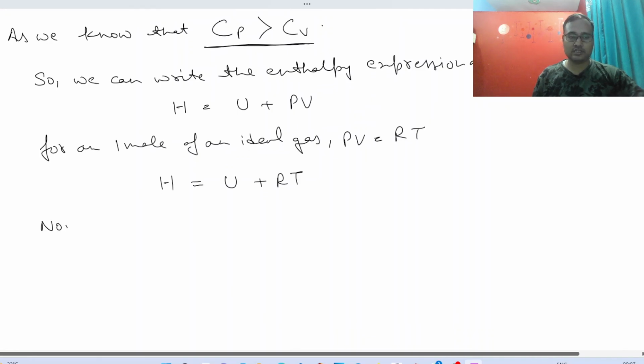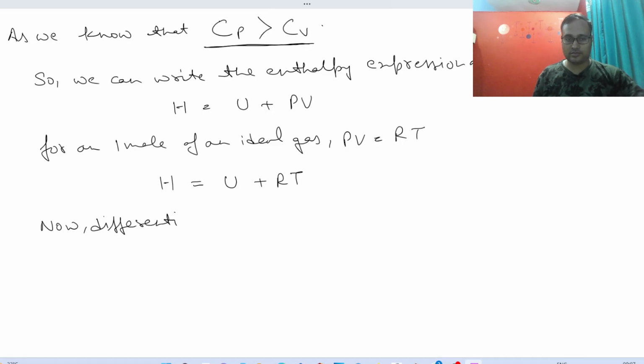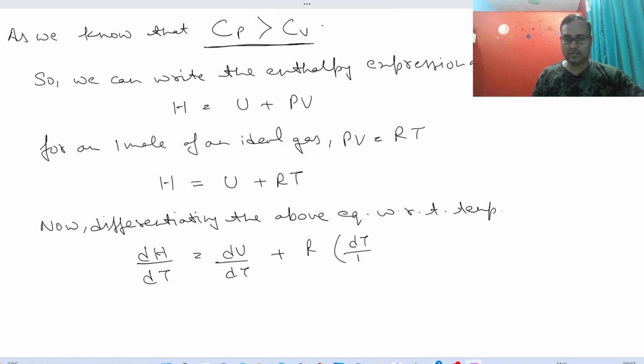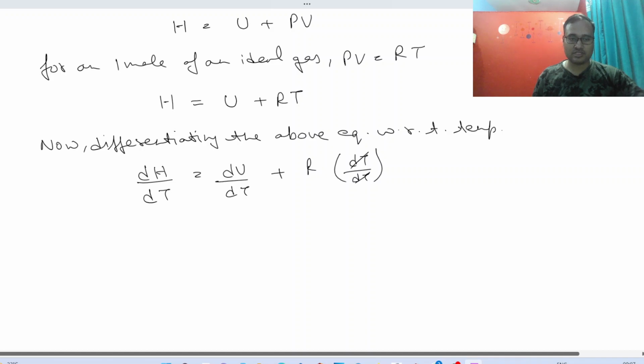Now differentiating the above equation with respect to temperature, we write dH by dT is equal to dU by dT plus R, as dT by dT cancels out. So we are only left with the gas constant, that is R.